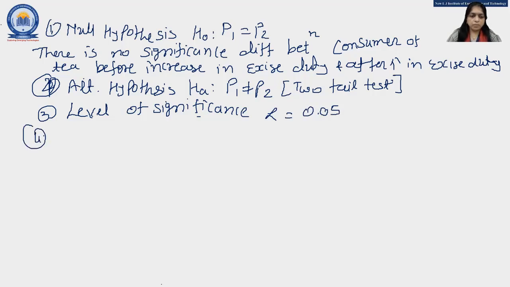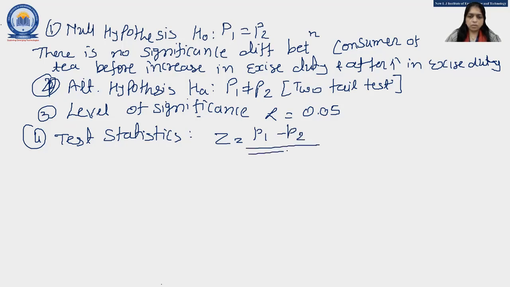Fourth one, test statistic. Z is equal to P1 minus P2 upon square root of PQ (1 upon N1 plus 1 upon N2).